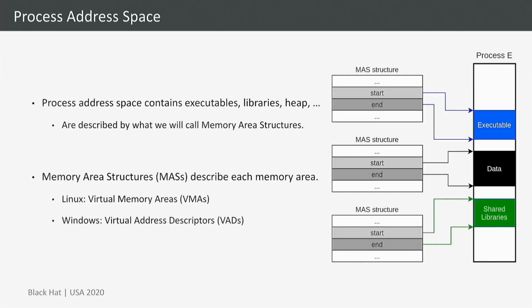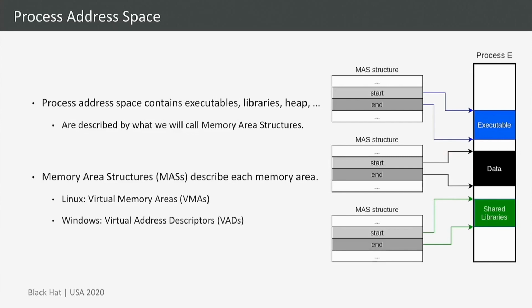Okay, let's talk a little bit about some technical background. So the process address space contains different data: executables, DLLs, shared libraries, or heap, stack data whatsoever. And all those memory areas are described by what we will call in this context memory area structures. So MAS structures. On Windows, those are virtual address descriptors.